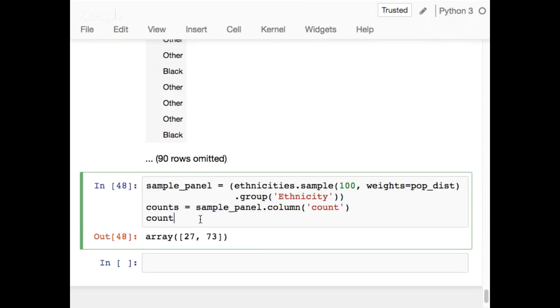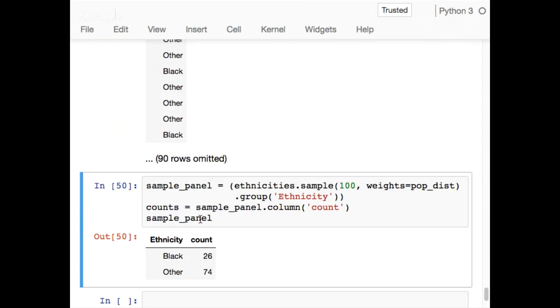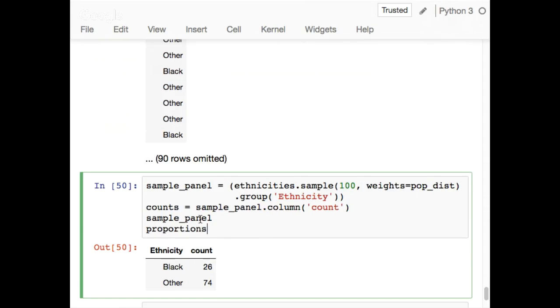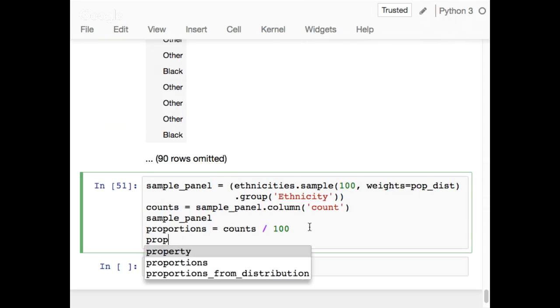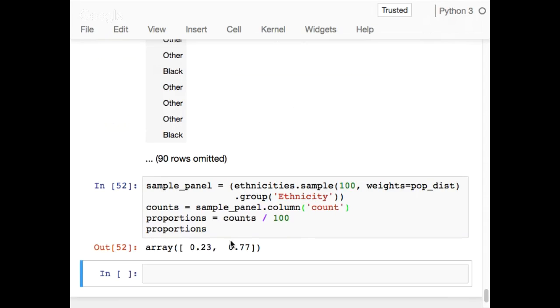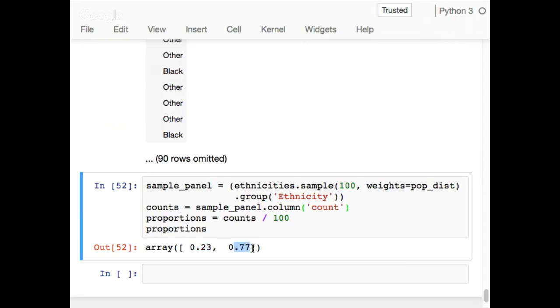Select the count column with column. Okay, so to my sample panel, I just want to take that and divide by 100. So here are my counts, here are my proportions of blacks and others.